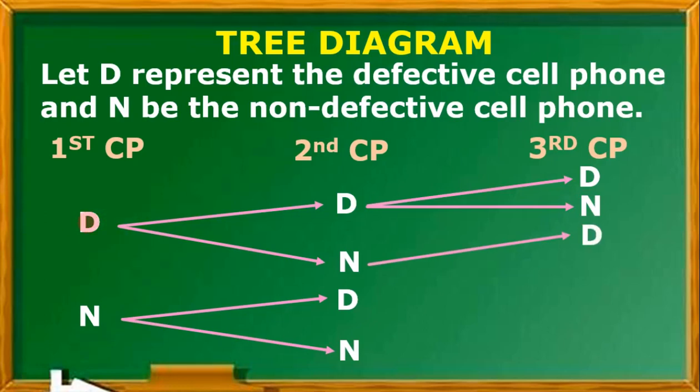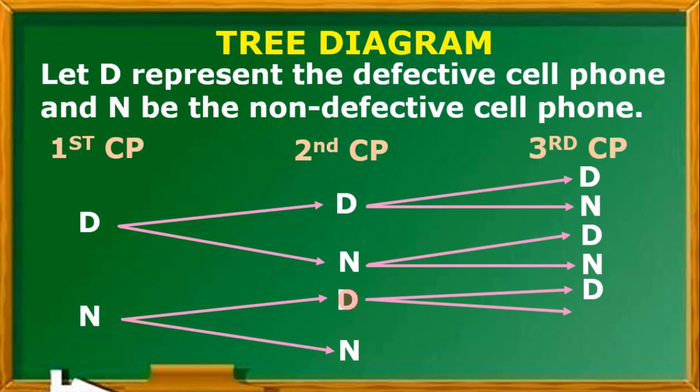Given the first cell phone is defective, the second is non-defective, then the third is defective, and another possibility is the third cell phone is non-defective. On the other hand, given the first cell phone is non-defective and the second is defective, the third could be either defective or non-defective. And given non-defective for the first cell phone, the second is non-defective still, and the possibilities are defective and non-defective cell phones.